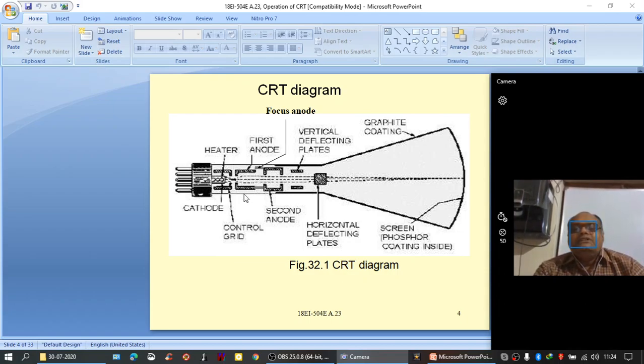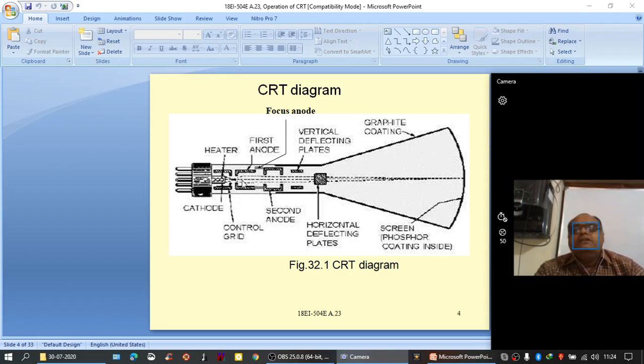As a result, what happens? The electrons, being negatively charged, are attracted towards this pre-accelerating anode or first anode. They start moving very quickly. They are accelerated towards the first anode. That is, the speed will increase because of the attraction.